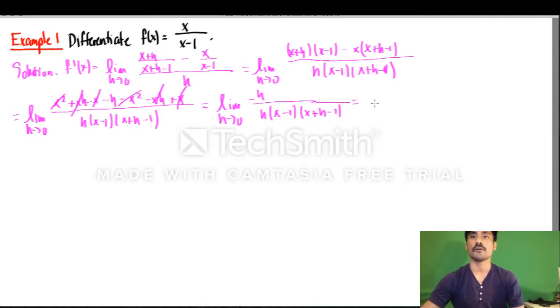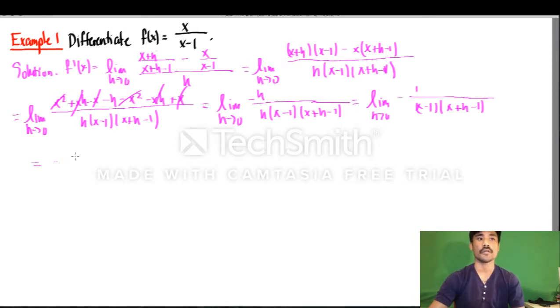And so the limit as h approaches 0 of negative 1 over this product. Take the limit, and you'll get negative 1 over x minus 1 squared, which is x squared minus 2x plus 1 in the denominator. There we go.